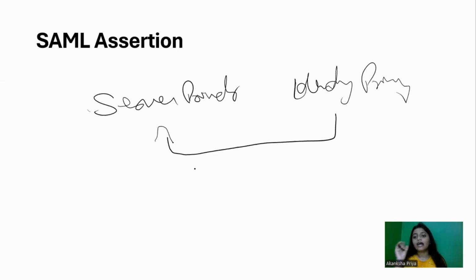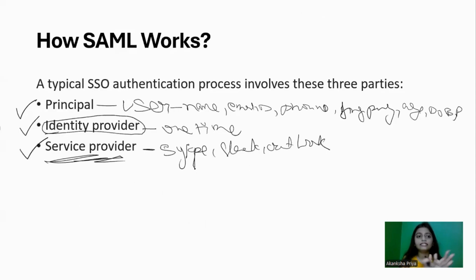So basically, the technology that identity providers like Okta or Azure AD are using all works upon these three components: principal, identity provider, and service provider.